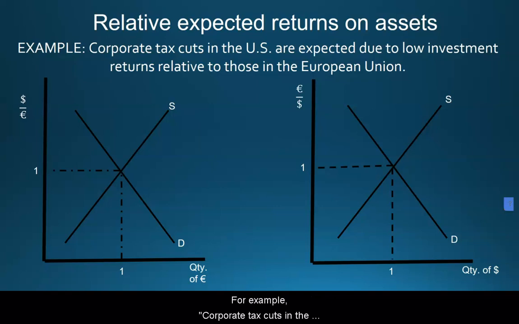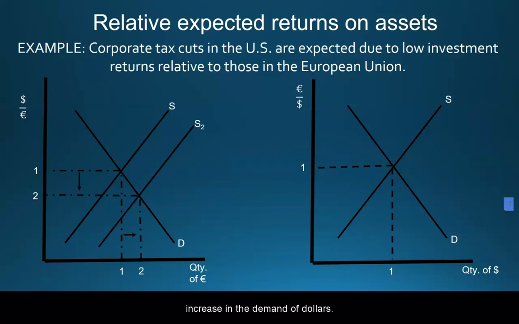For example, corporate tax cuts in the United States are expected due to low investment returns relative to those in the European Union. Lower taxes will motivate more investing. Therefore, there will be an increase in the supply of euros and an increase in the demand for dollars.